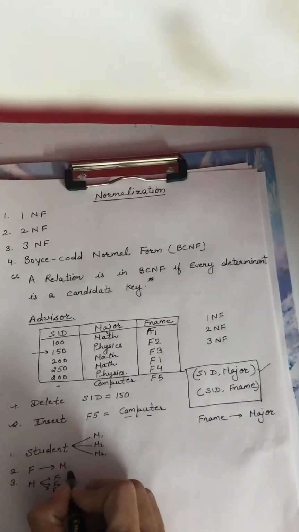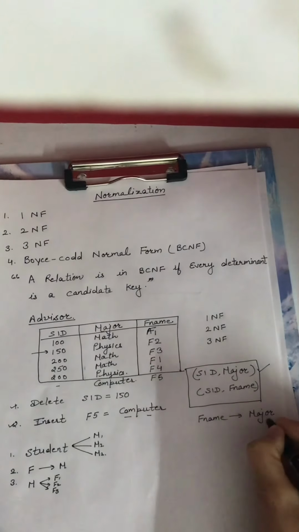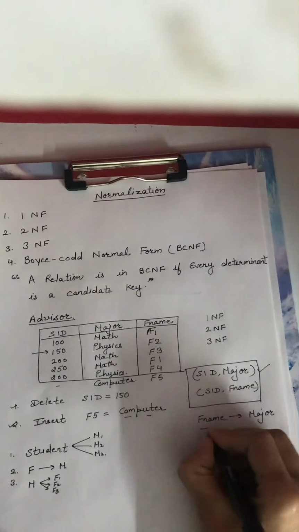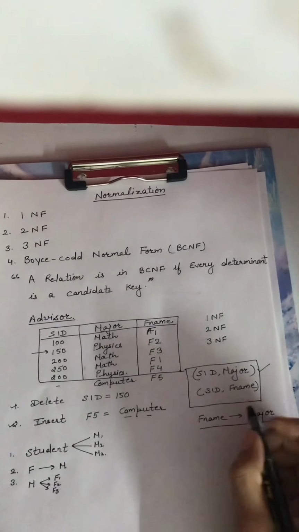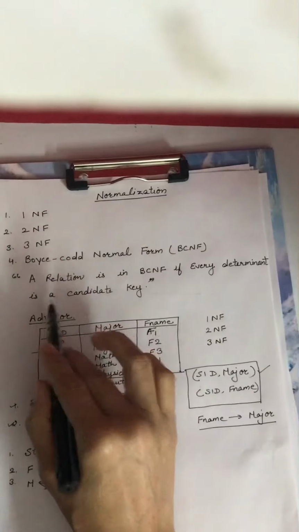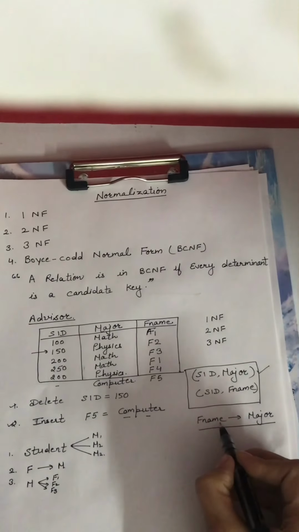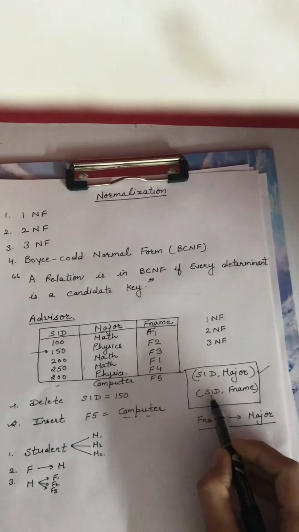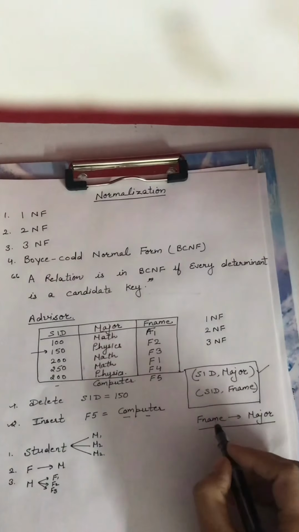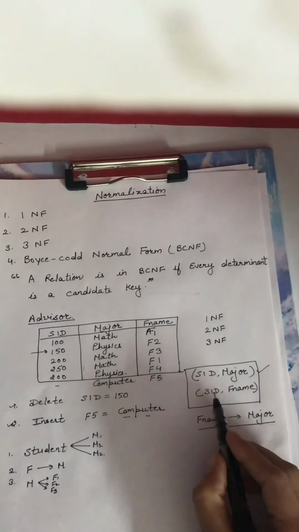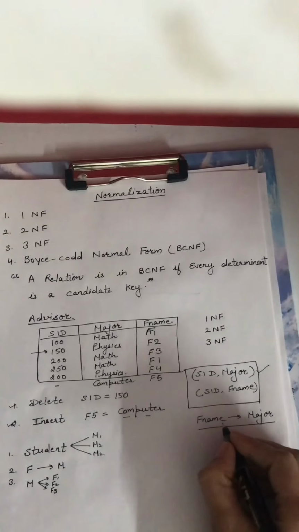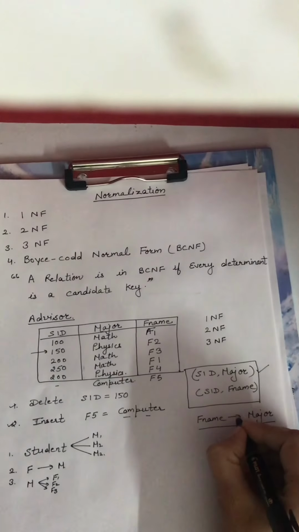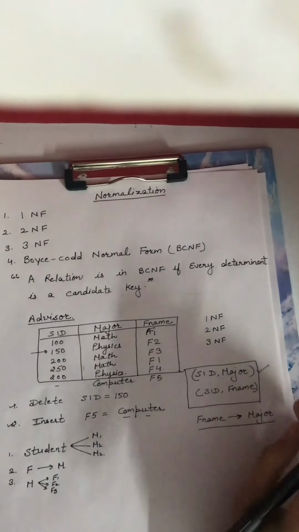So we have one dependency. Faculty name determines major. Major is functionally dependent on faculty name. As the definition says, each determinant should be a candidate key. Faculty name is not a candidate key. Faculty name in combination with SID is a candidate key, but alone faculty name is not a candidate key.